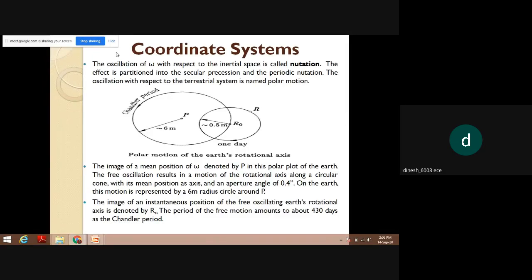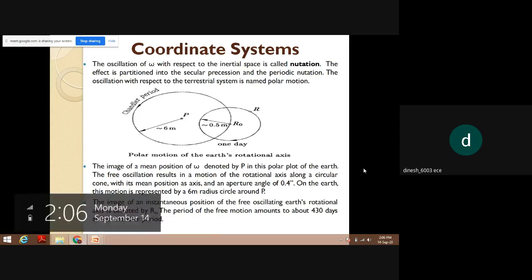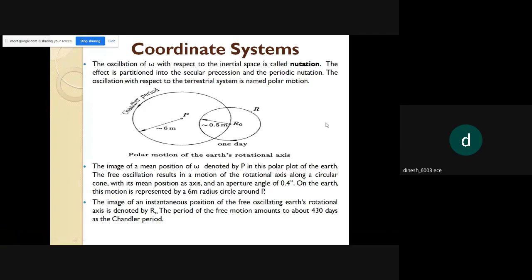The oscillations with respect to the terrestrial frame are named polar motion, the movement of objects or celestial bodies. If the image position of this omega is denoted by P, we take a polar plot of it. The free oscillation always results in a motion of the rotational axis, which you can see in this diagram along a circular cone.